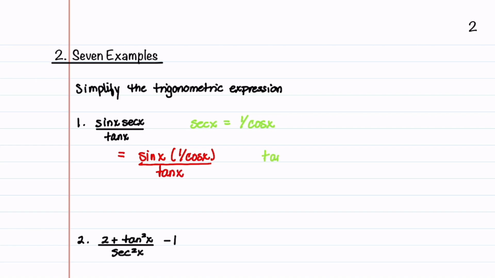Tangent x is sine x divided by cosine x. So this becomes tangent x on the top, and we have a tangent x on the bottom. This simplifies to a value of 1.